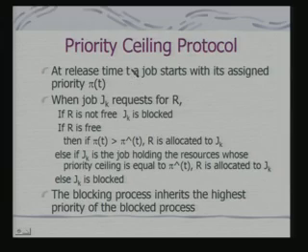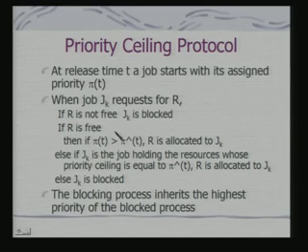Then what is done? At release time t, a job starts with its assigned priority, because there is a priority defined by the scheduler. When a job JK requests r, that is a resource r, if r is not free, JK is obviously blocked. But if r is free, r is not straight away allocated.